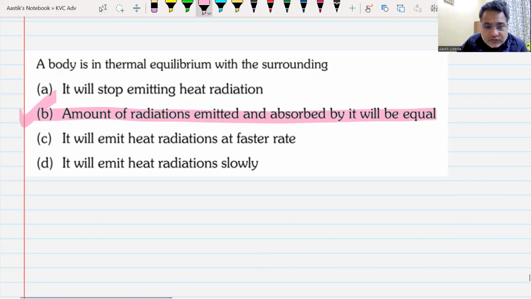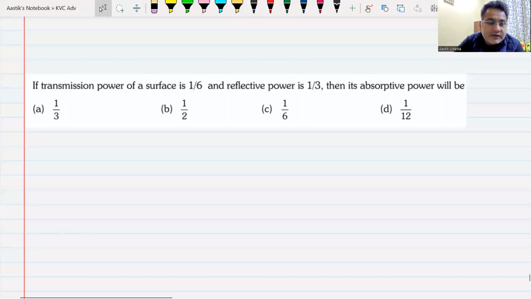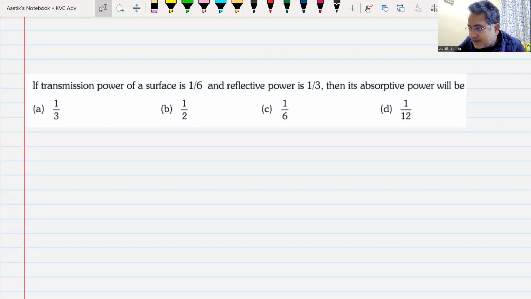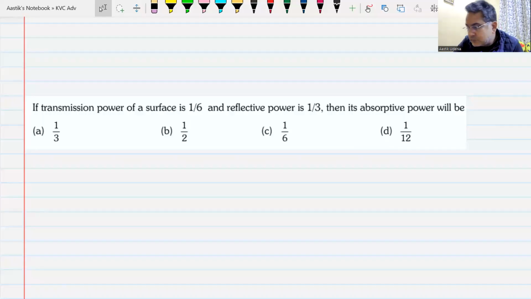Next one. If the transmission power of a surface is 1 by 6, the reflective power is 1 by 3. What will be the absorptive power? I'll give you a minute to do this. Option B is correct.